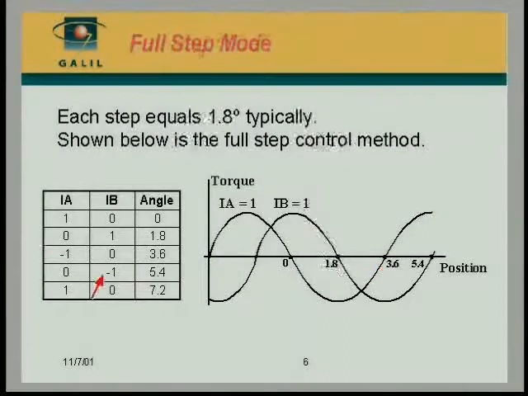Now I go to B, give it minus 1 amp, that gets us to 5.4. And to continue on, we go back to phase A, give it 1 amp. That gets us to a new cycle, somewhere about 7.2 degrees. And by stepping the motor again and again, we could just move it indefinitely. This is the method of full step.